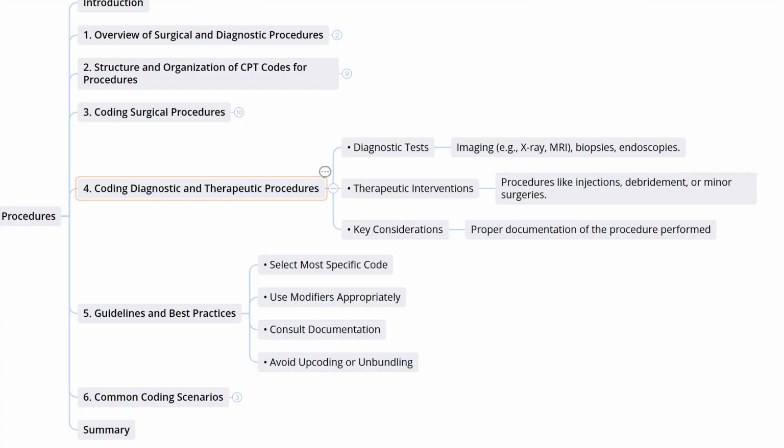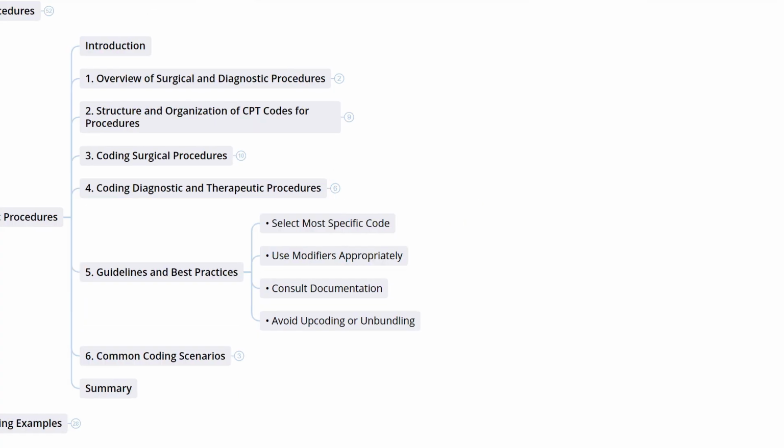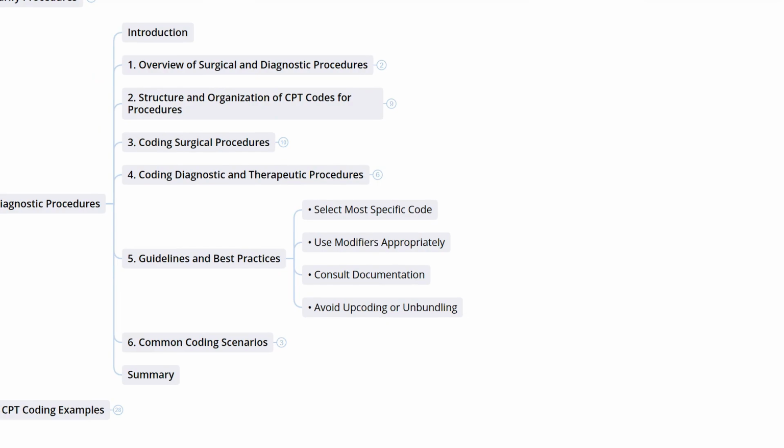Next, guidelines and best practices. Select the most specific code that accurately reflects the exact procedures performed. Use modifiers appropriately to specify details like bilateral procedure or multiple surgeries.